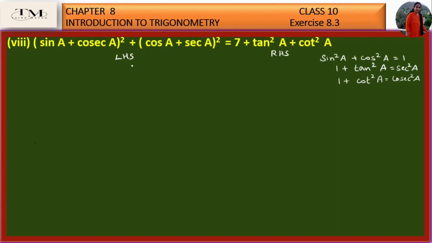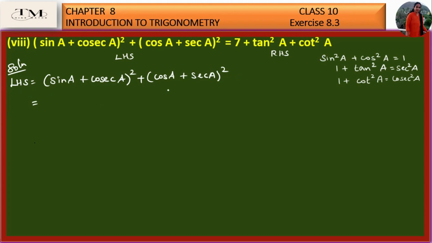First let us take the LHS. Let me start the solution. What is LHS? (sin A plus cosecant A) whole square plus (cos A plus secant A) whole square. Okay. So what is (A plus B) whole square? It is A square plus 2AB plus B square.